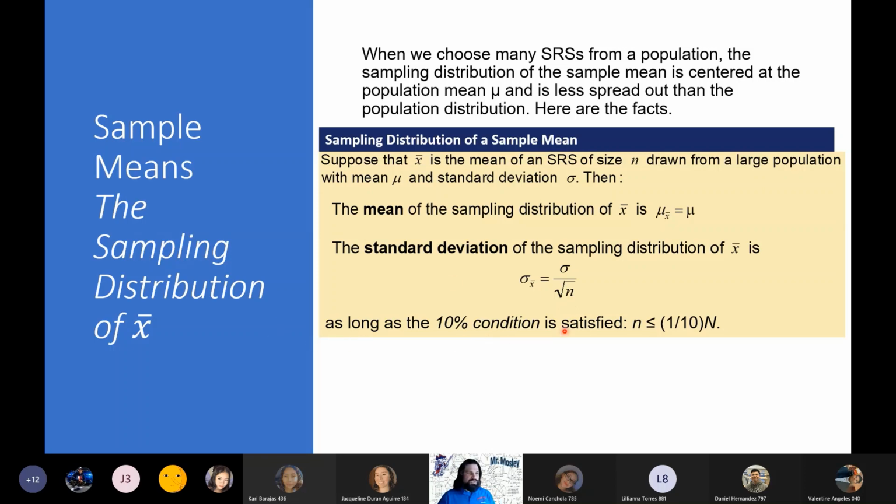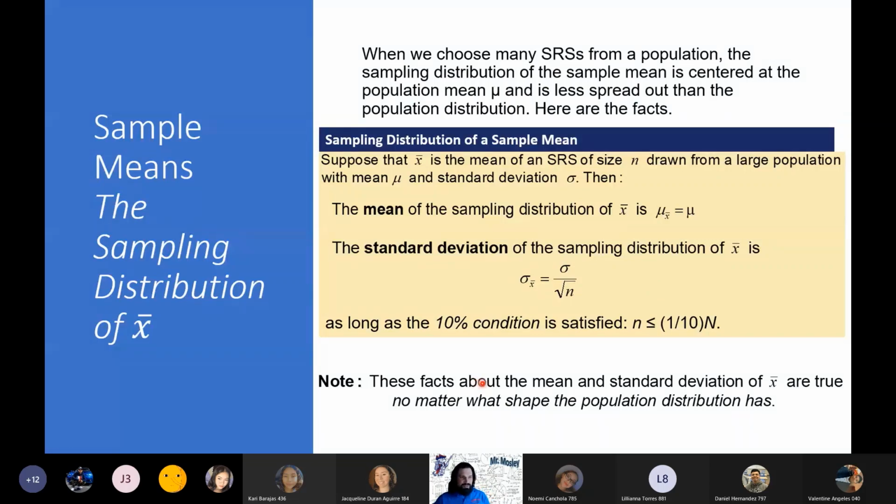As long as the 10% condition is satisfied, which means we're sampling less than 10% of our population. We can't do more than 10%, otherwise we can't calculate standard deviation and things fall apart.